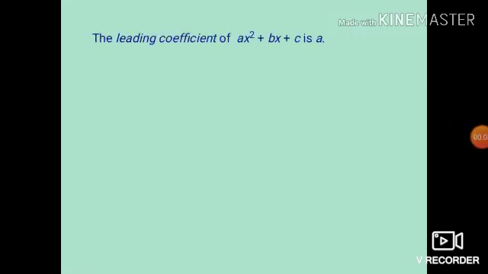We know that the general form of quadratic function is ax squared plus bx plus c. If a is the leading coefficient, there are two kinds. The graph of quadratic function opens upward or downward.